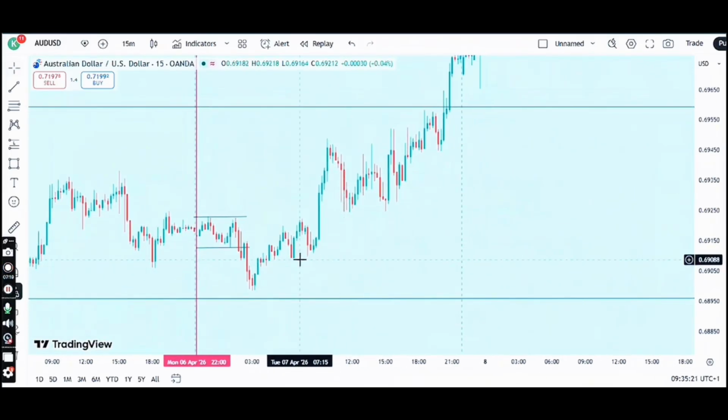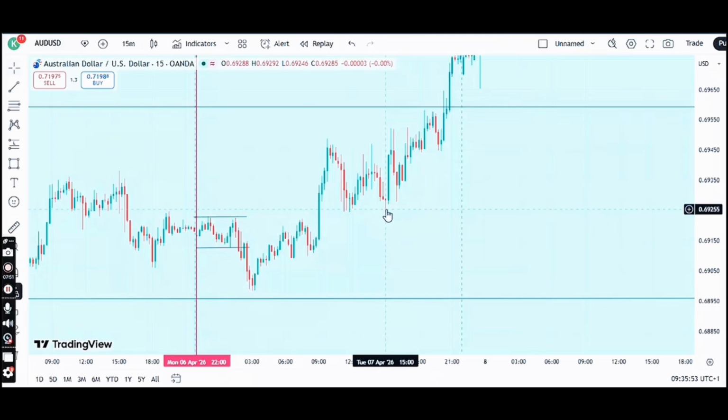Then, if you didn't catch the opportunity during the New York morning session, another time to find an opportunity is during the second half of the New York session. So first, the candle has made its first impulsive movement of the day. Then you wait for the candle to make a retracement into any fair value gap created during that impulsive movement in the morning session of New York.